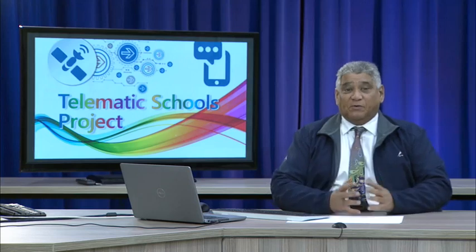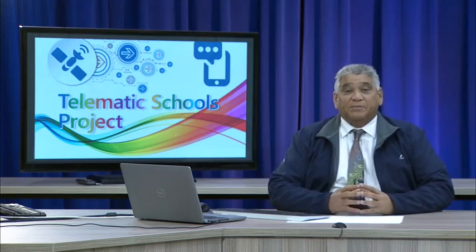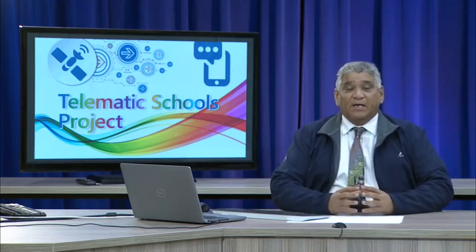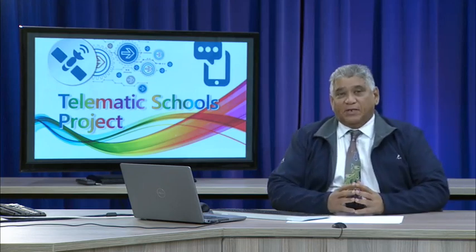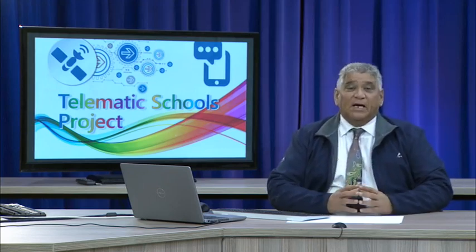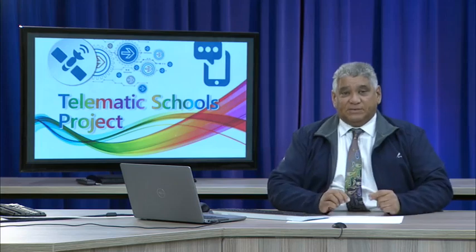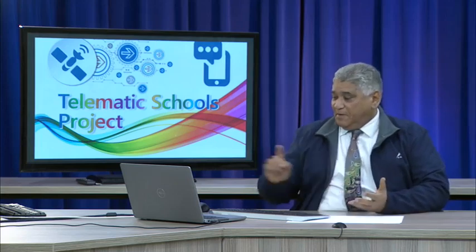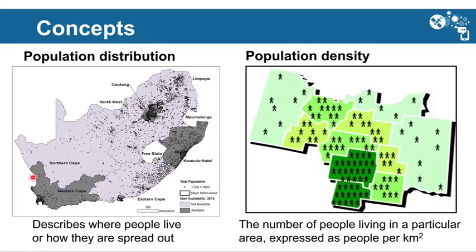I know in Gauteng it's about 500 people per square kilometer, right? You can get 100 people per square kilometer. So please, grade 10s, don't get mixed up with the first one, distribution, where they live, and the second one, density, which has to do with the total number of people per square kilometer.